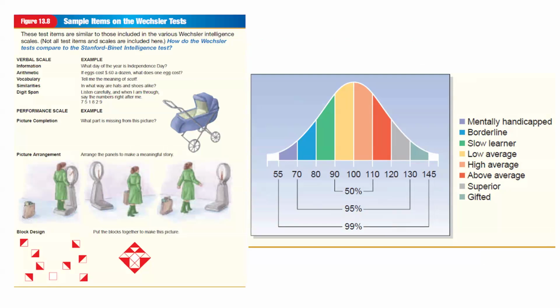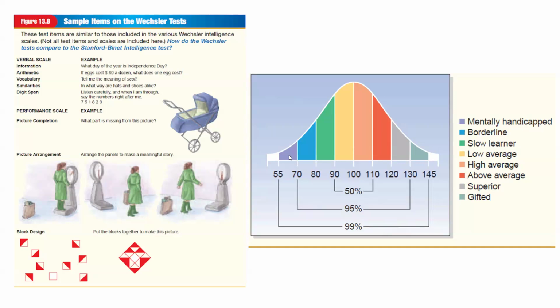So last time we learned about the normal curve. Most of this is the average line. This is average. Mean, what is the mean? 100. And what is the standard deviation? Standard deviation is 15. Right? So mentally handicapped, here is this part.